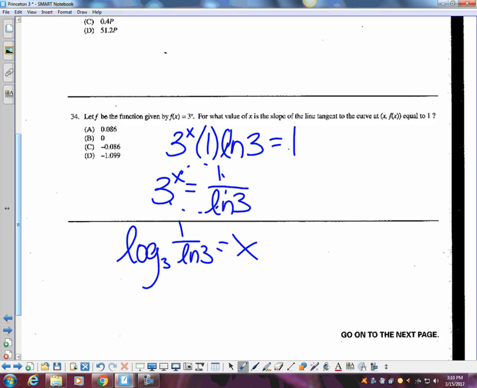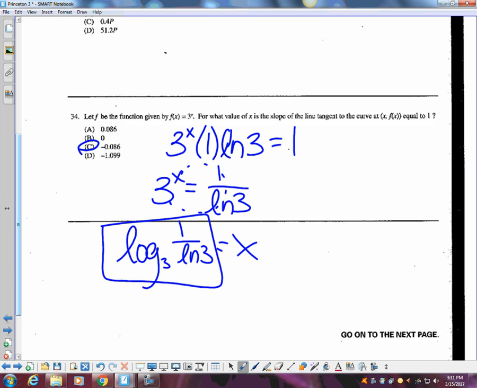Okay, do y'all remember how to do this? Tall, small. Do y'all remember tall, small? Grab your calculator. You're going to do log of 1 over ln of 3, close the parentheses, divided by log of 3. It's called the change of base, but we nicknamed him tall, small. Answer C. Are we getting him?